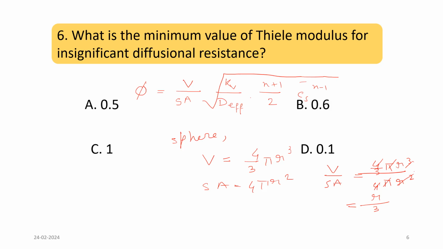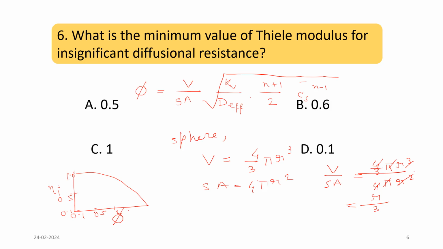Okay, so there is a graph you have seen. Sir has taught it already. This is the Thiele modulus versus internal effectiveness factor. The graph goes like this, right? Here it is 0.1, 0.5, then 1, and here it is 0.1, 0.5, and 1.